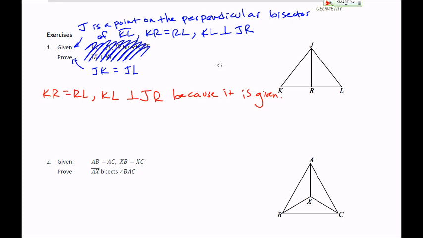So KR is congruent or equal to RL, and I'm given that KL is perpendicular to JR because it's given. Now these two triangles are touching, and so the reflexive property will be very useful for us in saying that JR is congruent to JR. Now, hopefully you can see that because they're perpendicular, both of those angles must be equal because they're both 90 degrees.